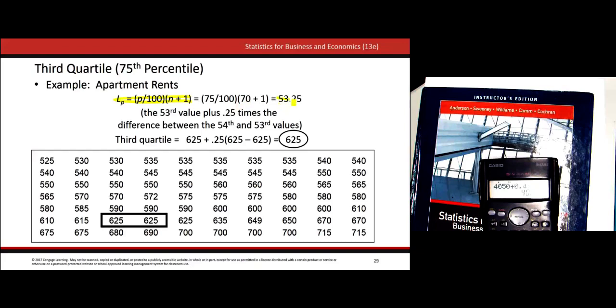This is just the location, not the 75th percentile. This tells us that the third quartile is somewhere in between the 53rd and the 54th values. In this case, they are both 625. So it is 625 plus 0.25 times the difference, but it is 625 because they are both the same.